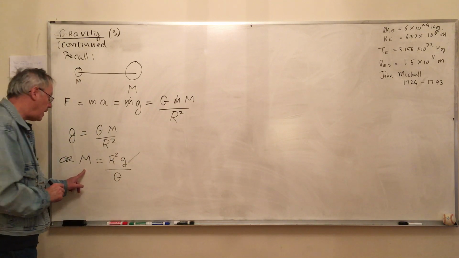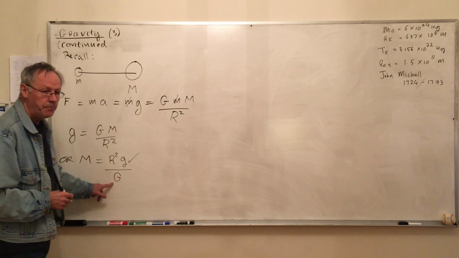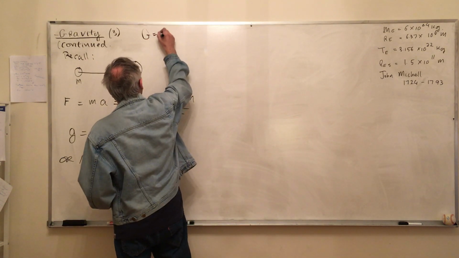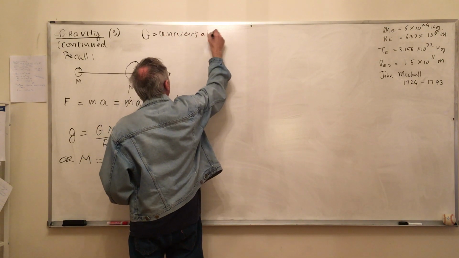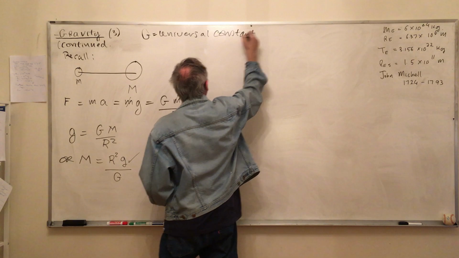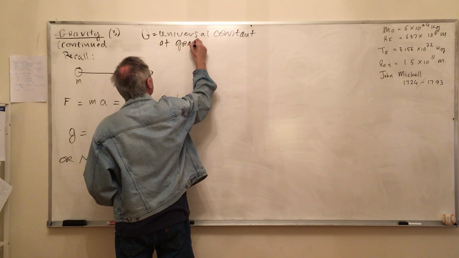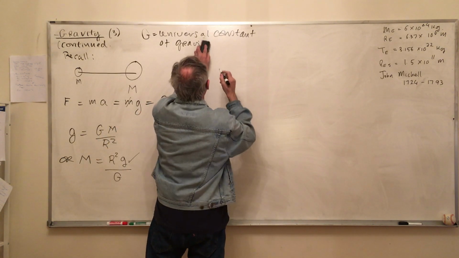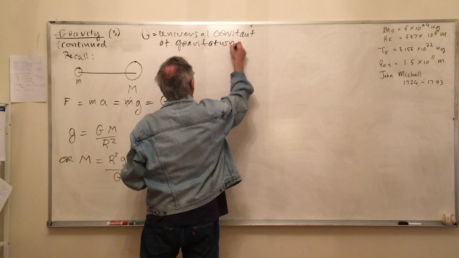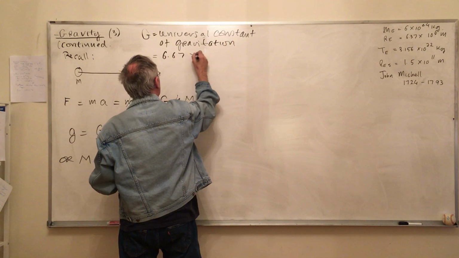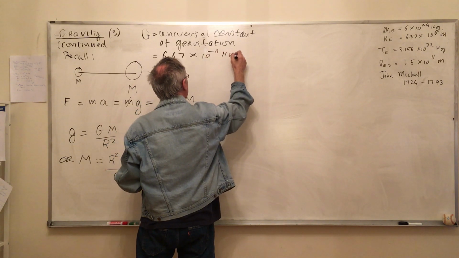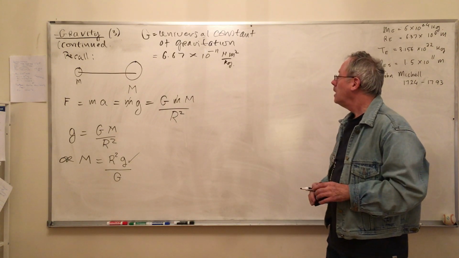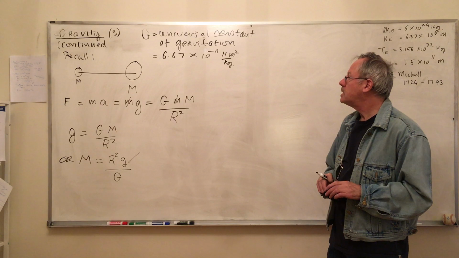Cavendish, 1798, because he measured experimentally the big G, the universal constant of gravitation. Now the value of 6.67 times 10 to the power of minus 11 was actually pretty closely obtained by Cavendish in 1798.